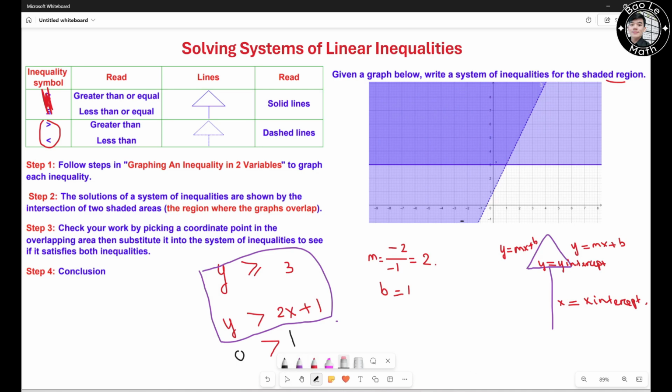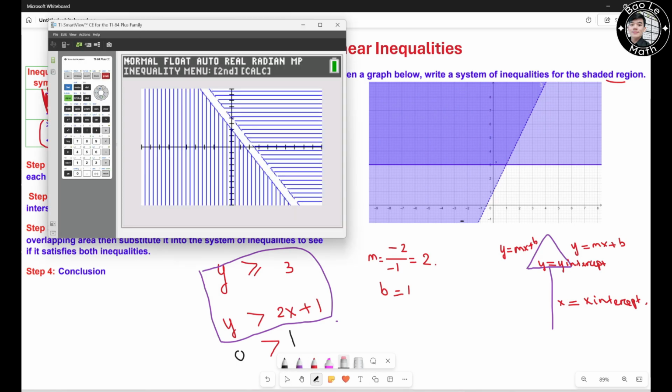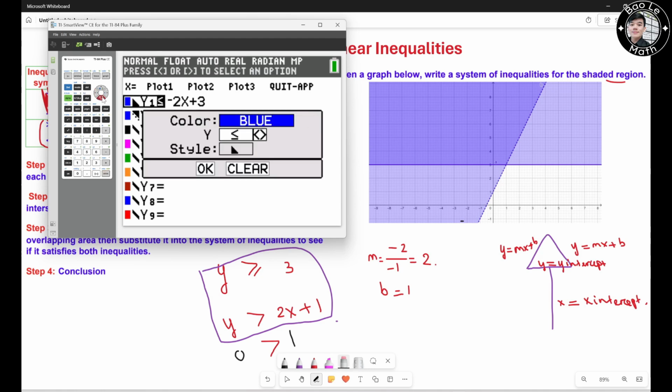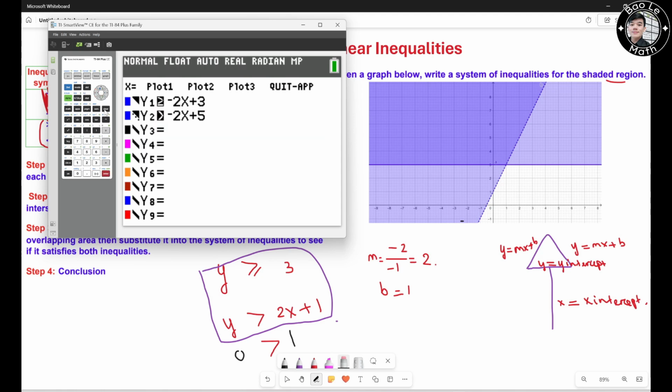Now I need to use the calculator to check my work, right? So I hit y equals. Now this one I need y greater than or equal to 3. So I need to change this one into greater than or equal to. Right, so I hit enter. Alright, change this one into greater than or equal to, go to OK, hit enter, and then go to the right, clear this one, put 3.